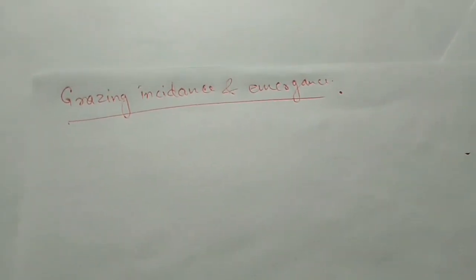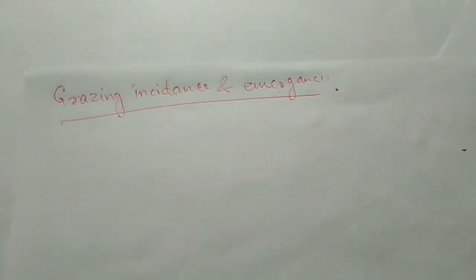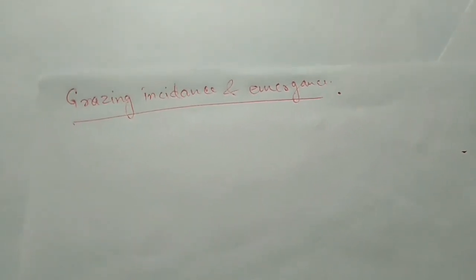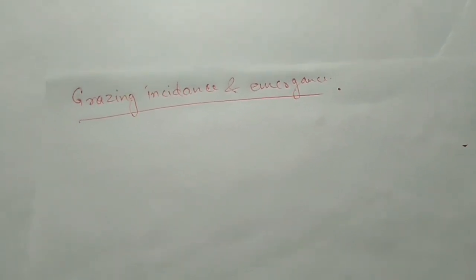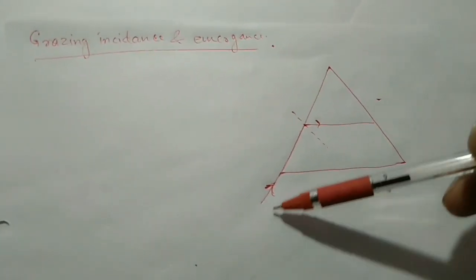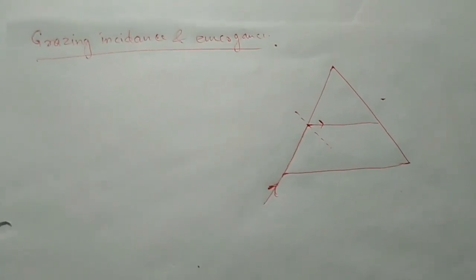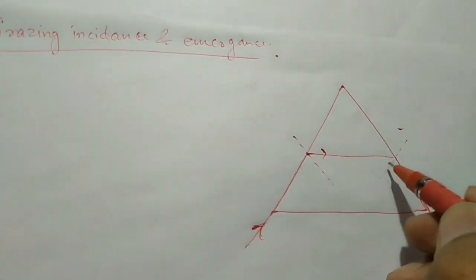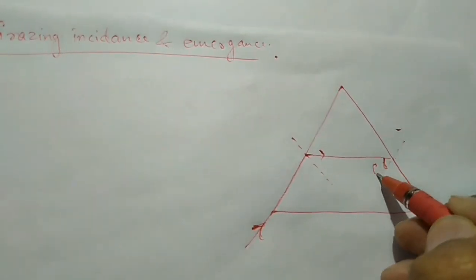Now the next topic is grazing incidence and grazing emergence. Means the light will come grazing incident and it will emerge grazing. So see the diagram first. This is the grazing incidence for the light, and now grazing emergence. This is only possible on the right part when this angle is the critical angle.